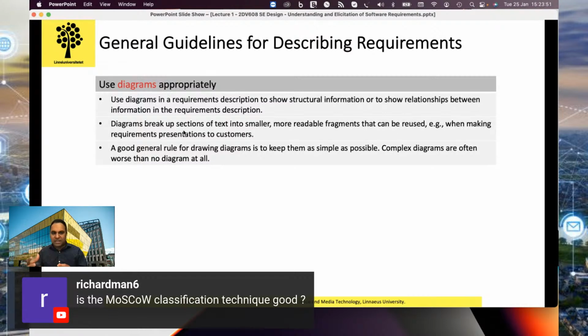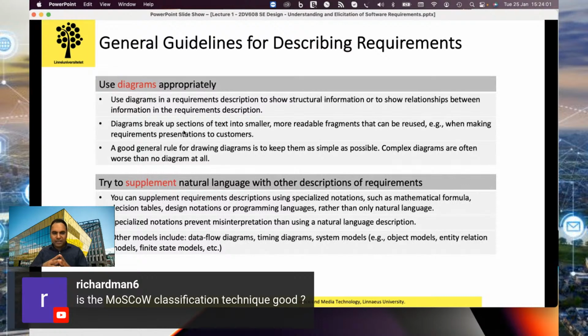If you use diagrams instead of long text, that breaks up the text and makes the document easy to understand. And finally, if you have only natural language requirements, try to supplement them with other diagrams, like use case diagrams, timing diagrams or UML class diagrams and so on. That will help to remove or minimize ambiguity in the requirements document.